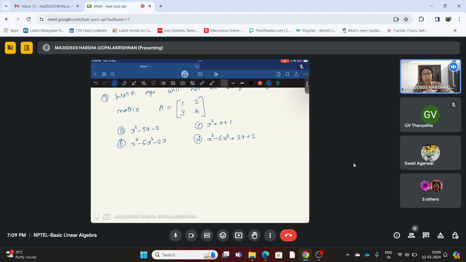Okay, can we use the characteristic equation? Let us check what the characteristic equation is here. What is the determinant of A minus lambda I? It is the determinant of [1 minus lambda, 2; 3, 4 minus lambda].